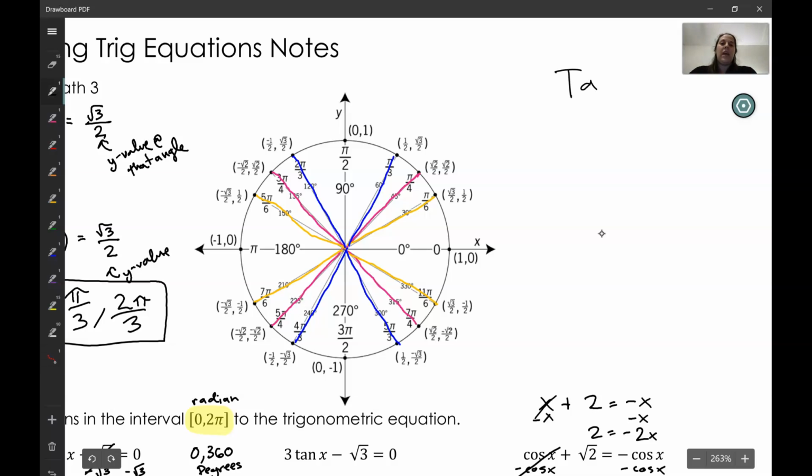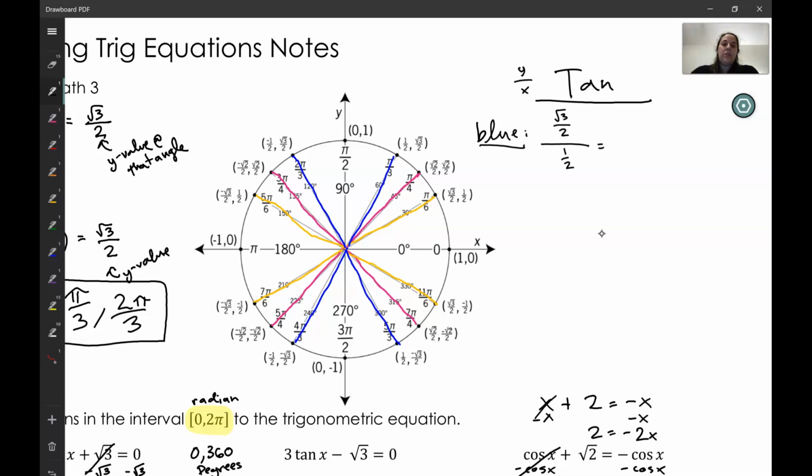So we're going to go through and do that really quickly. We're going to make a little tangent chart. So let's start with the blue ones. Okay. Tangent is y over x. So I look at the blue lines. The y value is root 3 over 2. The x value is 1 over 2. Now I need to do leave, flip, change.